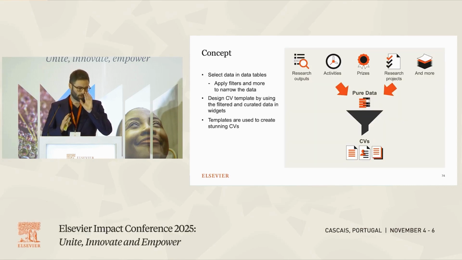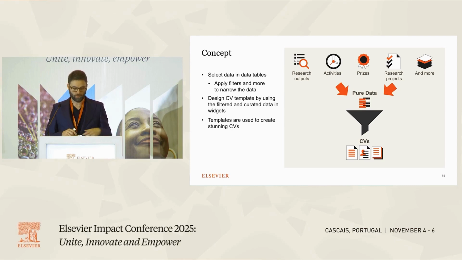I want to talk about the concept of what it is we have done here. Underneath it all, it is using the report module. That means that if the data is in Pure and you can report on it, you can create a template. So you need to select the data you want to have included in a template.